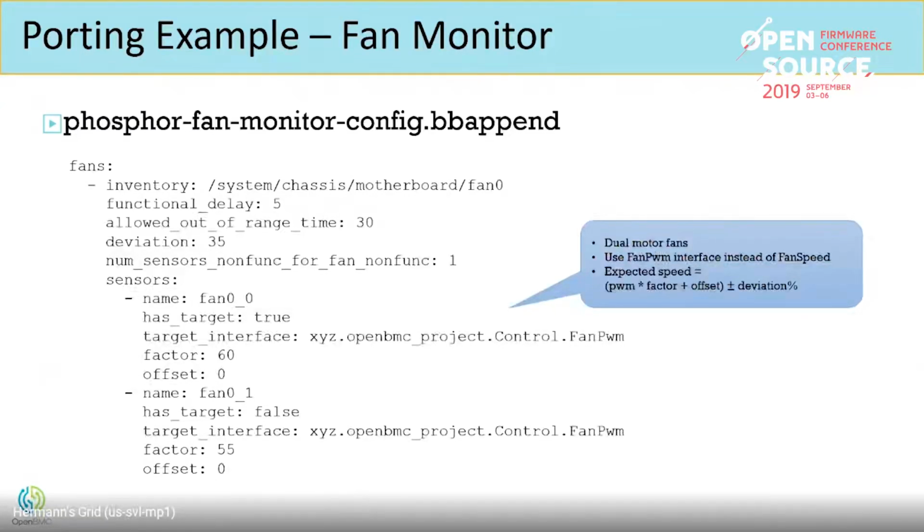So if we set a PWM to 100, the expected speed will be the PWM multiplied by the factor attribute plus the offset attribute. And that is the expected fan speed. And we have a deviation. So if the speed goes up a little, that's okay. But if it goes too high or too low, we treat the fan as not functional.